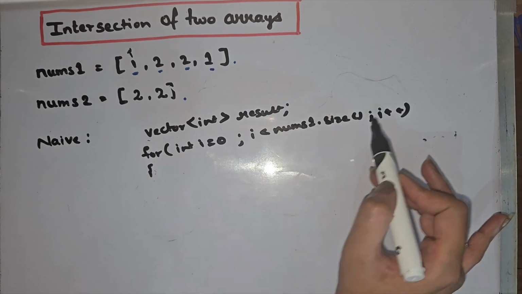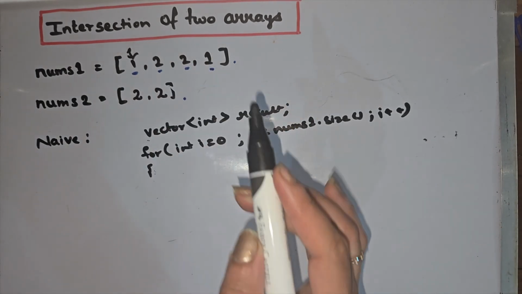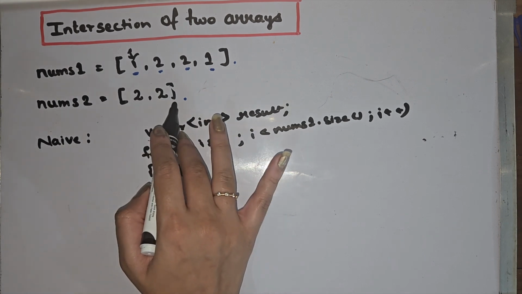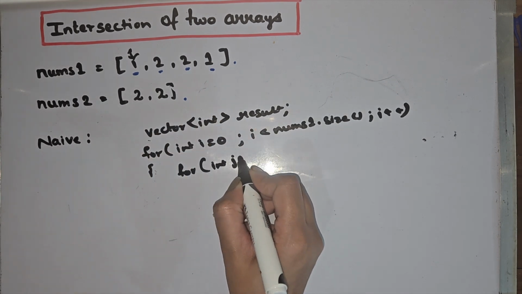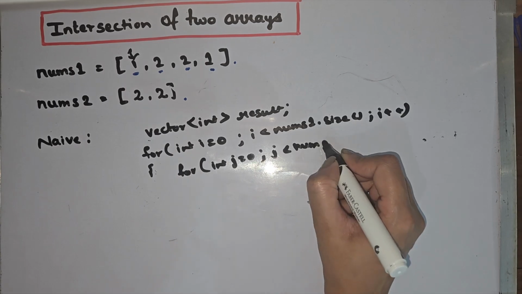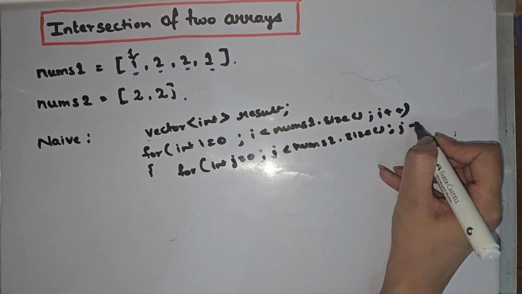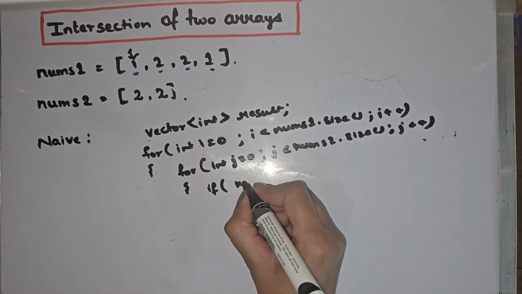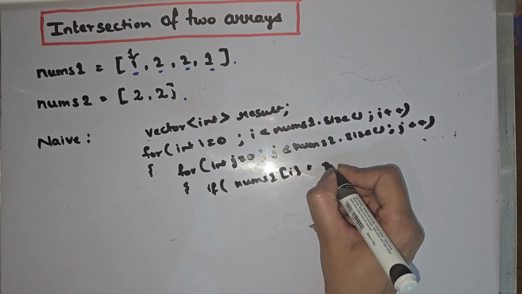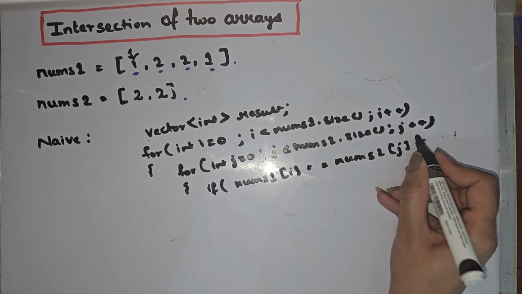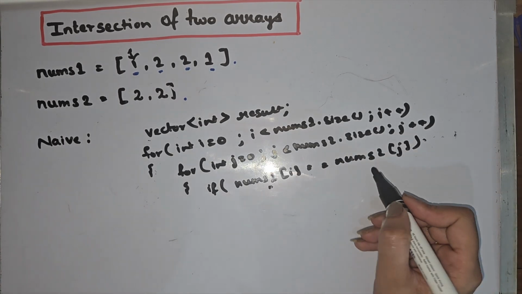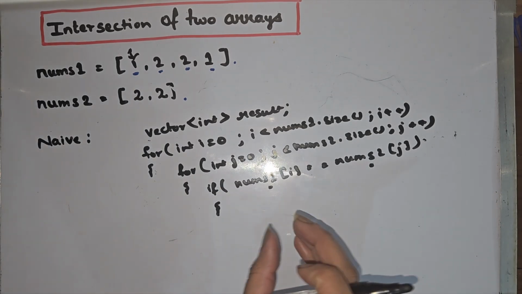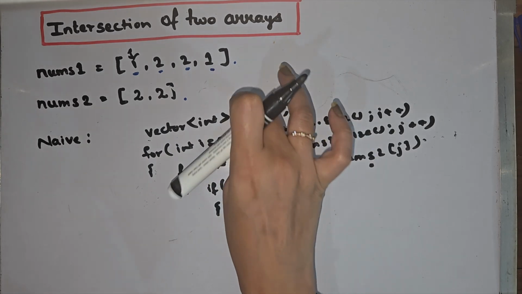This is the outer loop which will point to one element of nums1, and there will be an inner loop which will compare every element of nums2. Now we will check if the element of nums1 and nums2 are equal. In that case, we will add the element to the result.